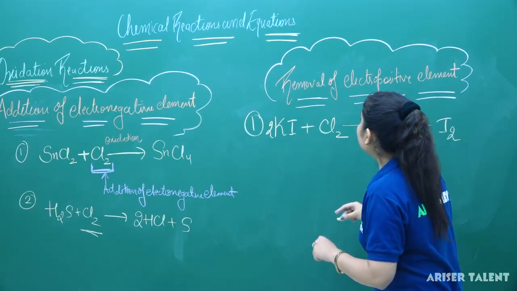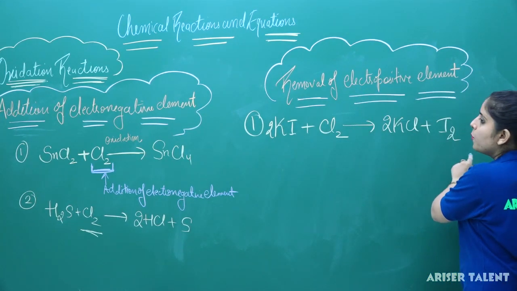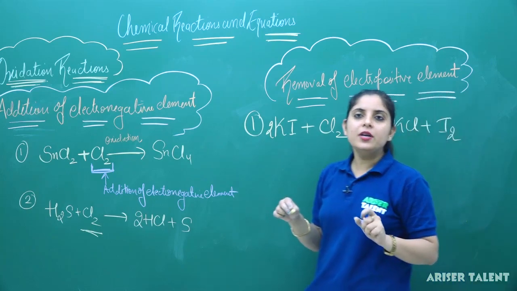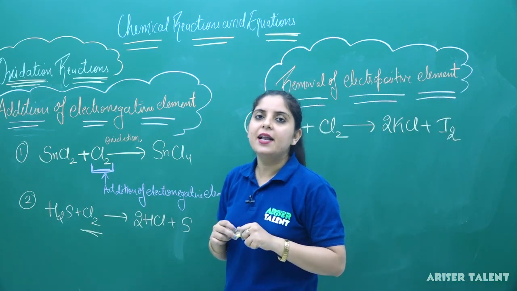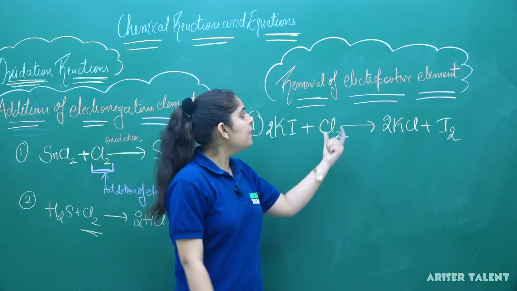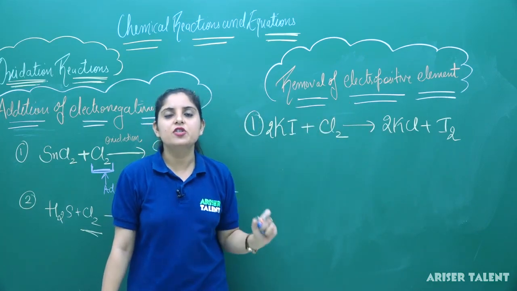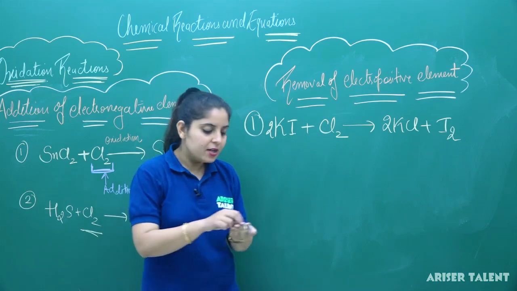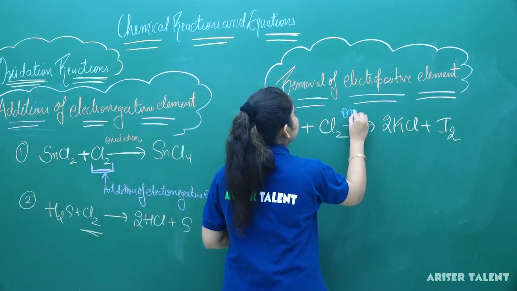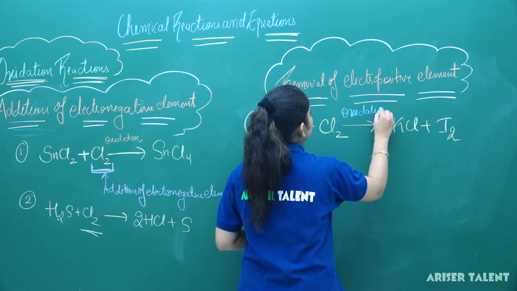Clear? So you can see that this I2 is removed from the reaction. I2 is iodine and it is an electropositive element. And if there is a removal of electropositive element, we can say that the reaction will be an oxidation reaction.